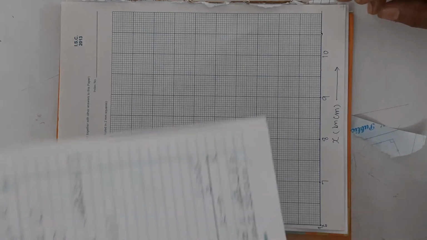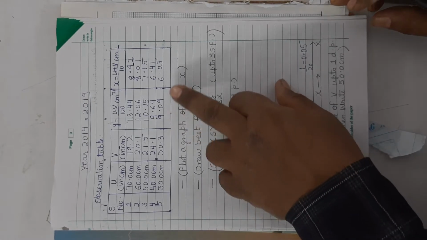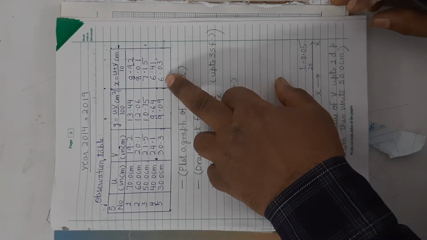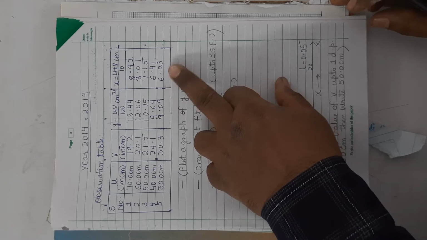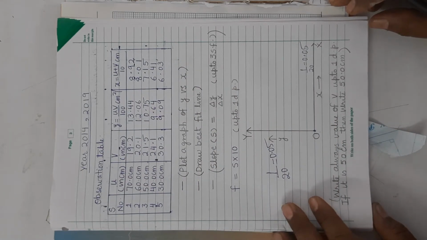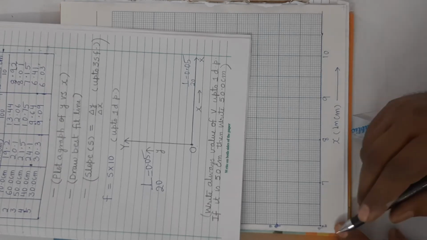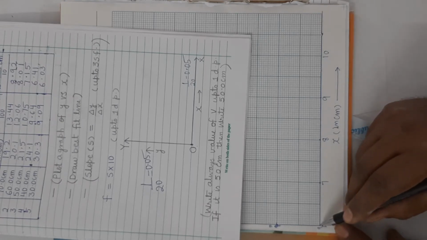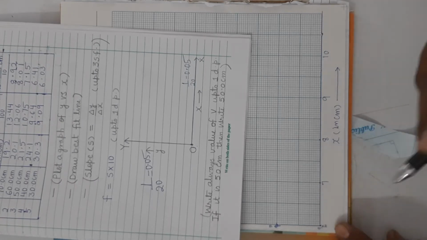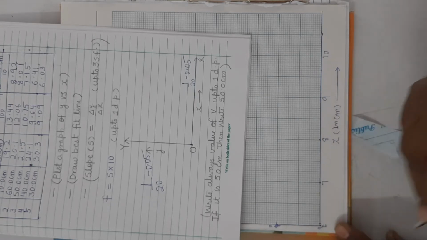Now see here, how will you plot? So on x-axis you have to plot 6.03. 6.03 you cannot plot, either you can plot 6 or you can plot 6.05. So here we will plot 6.05. 6.05 कहाँ पर होगा? यहाँ तक 6 है, हमको 0.05 और चाहिए, means 1 division ahead of 6.